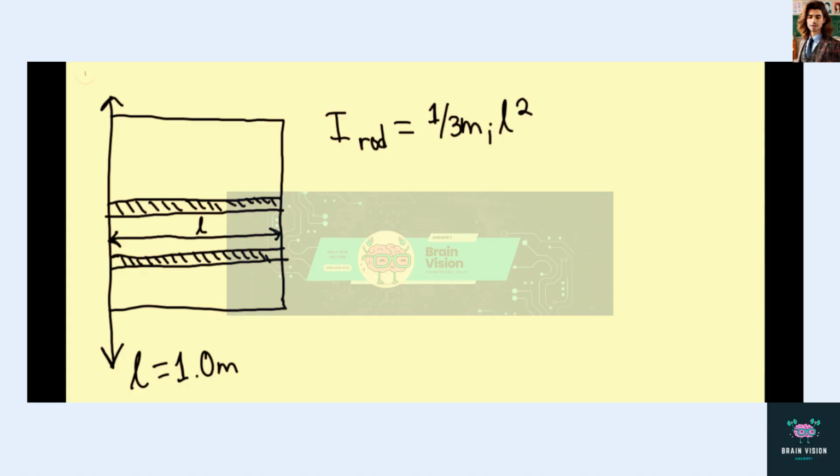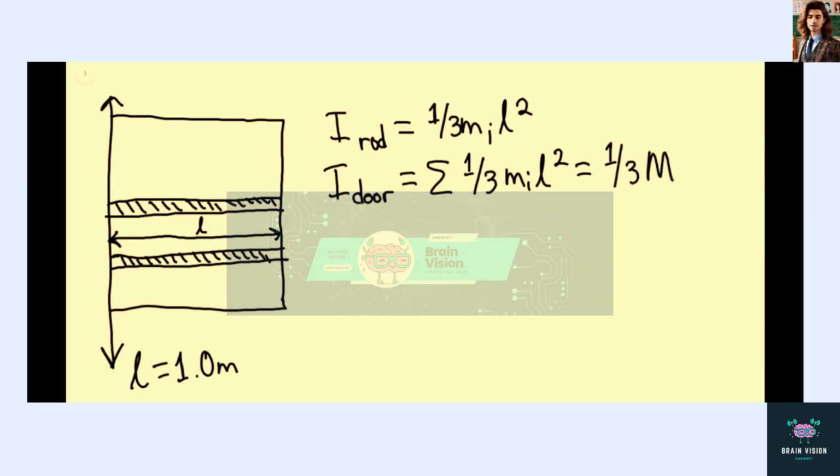So for a collection of identical rods, all parallel to one another, the moment of inertia of the door would then be equal to the sum of 1/3 m sub i L squared, which would be equal to 1/3 times the mass of the door, L squared, because the sum of all of the masses of these identical rods would be equal to the mass of the door.